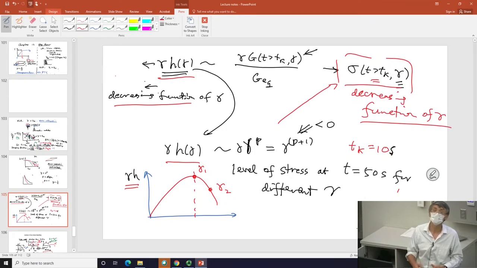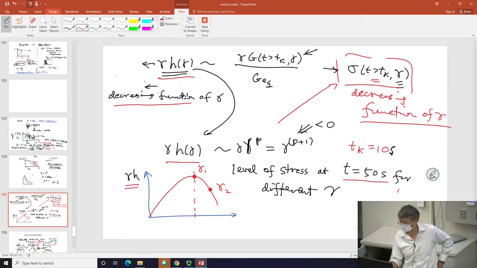Let me repeat my English. Basically, gamma times h is the stress as a function of different gammas at different times. For example, 50 seconds satisfies this condition.